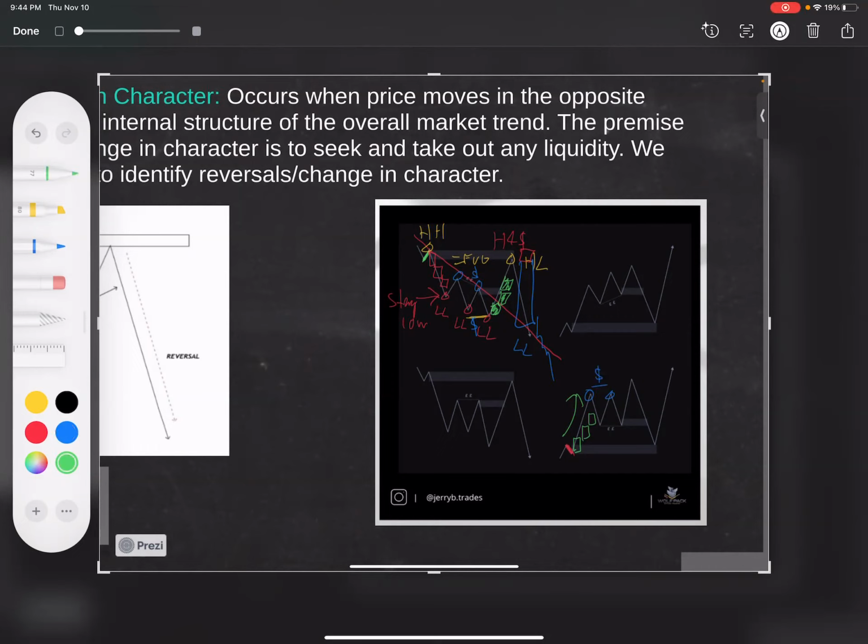Once those equal highs get taken out, showing some type of sign of strength, I'm looking for the fair value gap that was left behind after the trend line break to get filled before targeting these previous highs.